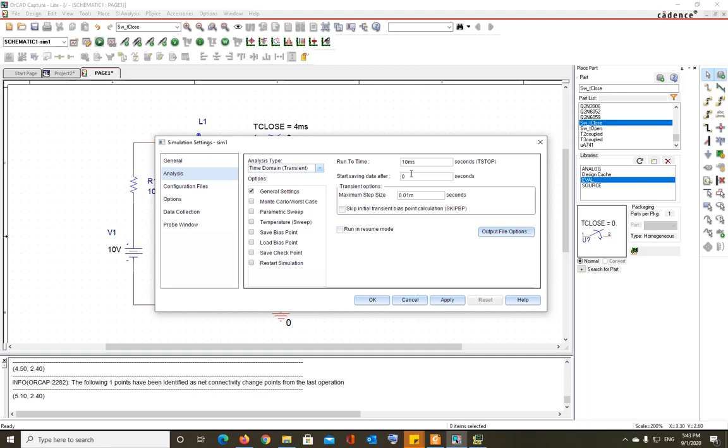That means I want to go from 0 to 10 milliseconds. If you want, you can start at 2 milliseconds or 3 milliseconds, so it's going to start from that time and go up to 10 milliseconds. In general, with some advanced circuits, if you take a power electronics class, some circuits take a very long time before they get to the steady state value.